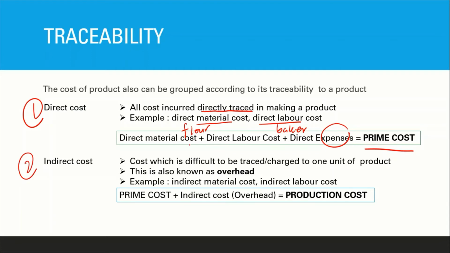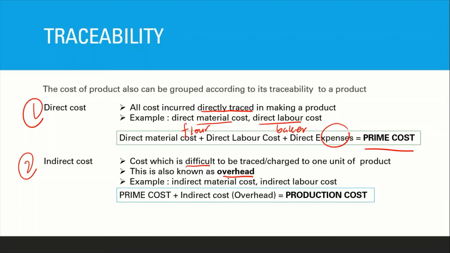Cost which is difficult to be traced or charged to one unit of product, also known as overhead. Overhead is indirect cost. So example is indirect material cost and indirect labor cost.